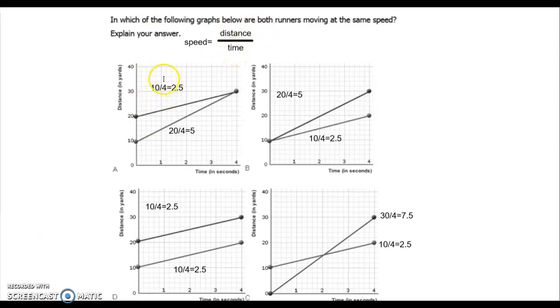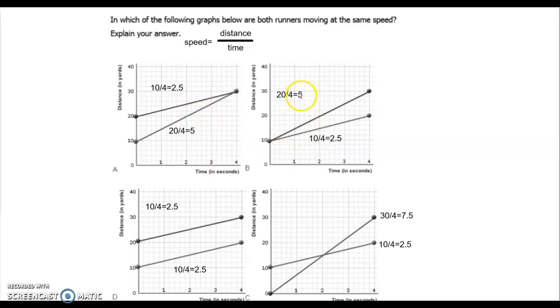For the purpose of typing this on the screen, I tried to make it as simple as possible, and this fraction bar, this dividing line, is my divide symbol. So I did 10 divided by 4 is 2.5 yards per second. And then this one was 5 yards per second. That one is not the same speed.